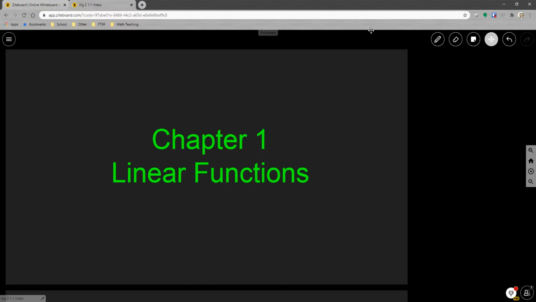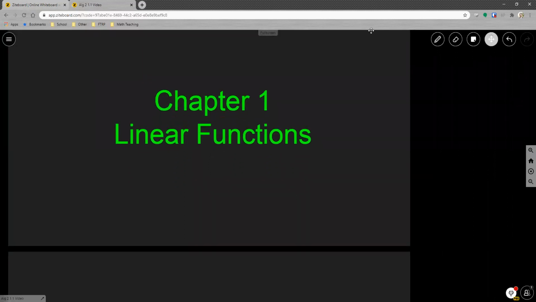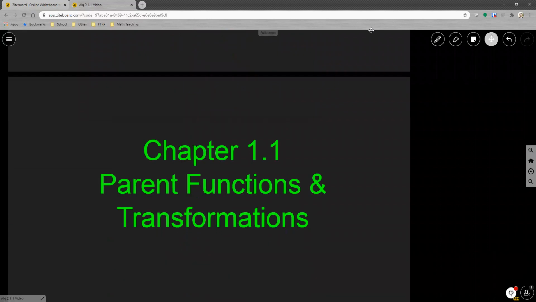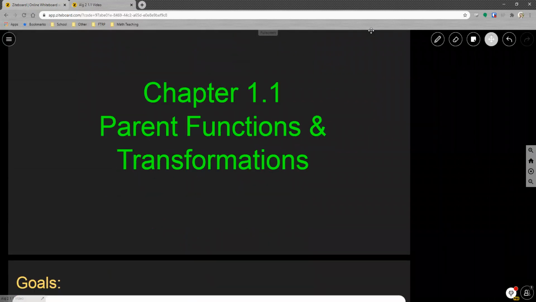So let's get started. This is chapter 1, which is about linear functions and functions in general. And chapter 1.1 specifically is about parent functions and transformations.